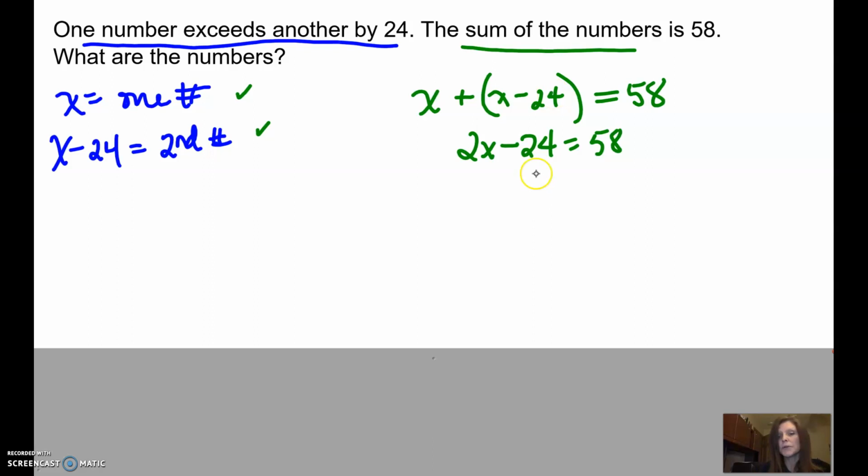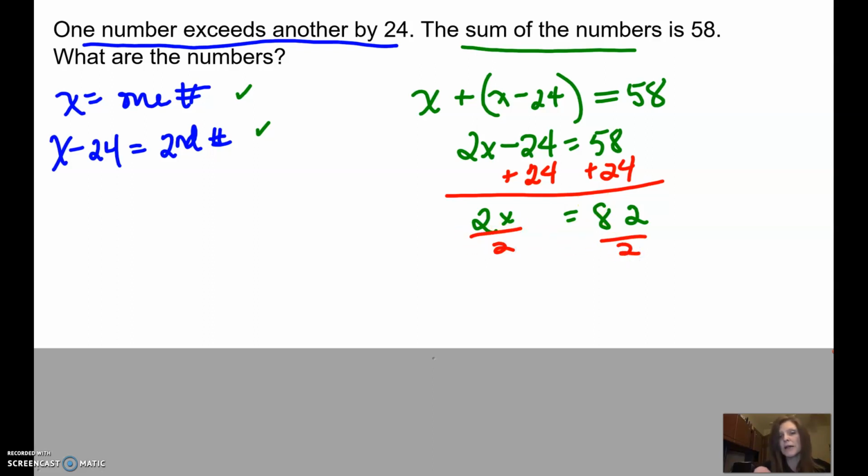So normal solution techniques here, we're going to add the 24 to both sides and simplify. So 2x is going to equal, what's that going to equal? 82. And then we're going to divide to get x by itself and determine that x is equal to 41.